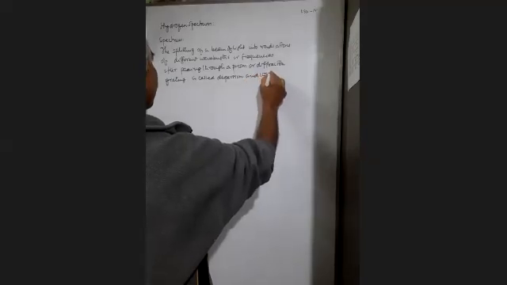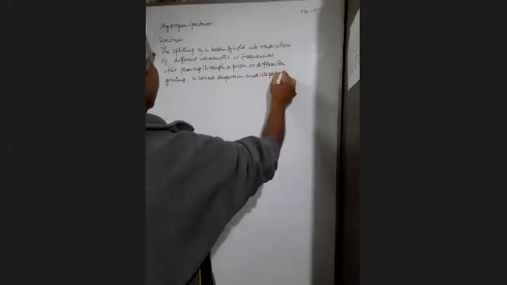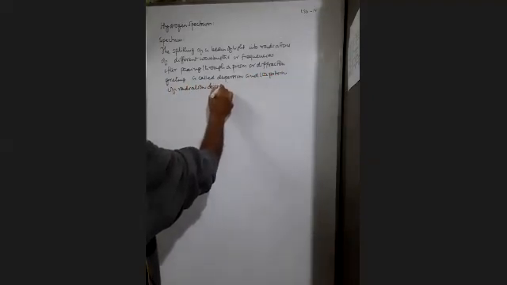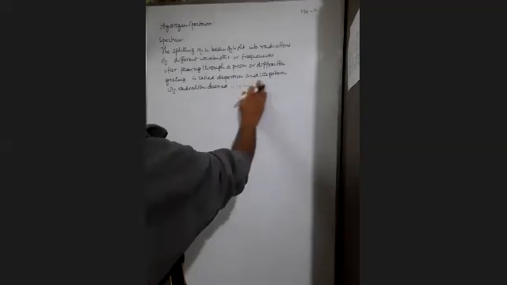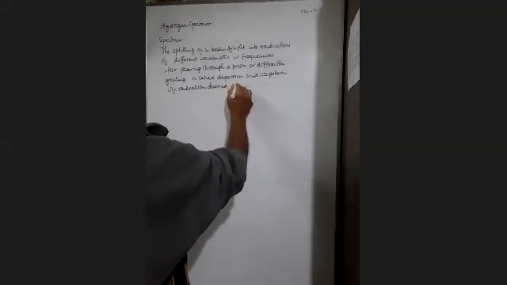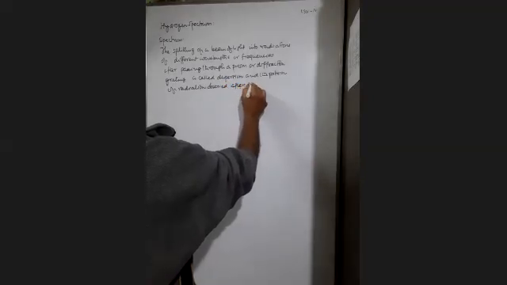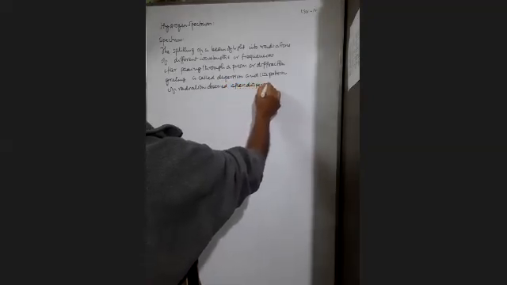And the pattern of radiation observed after dispersion is called spectrum.